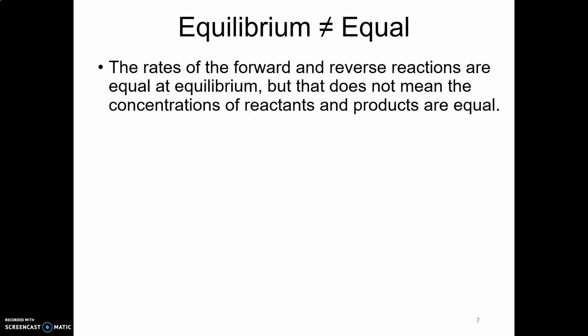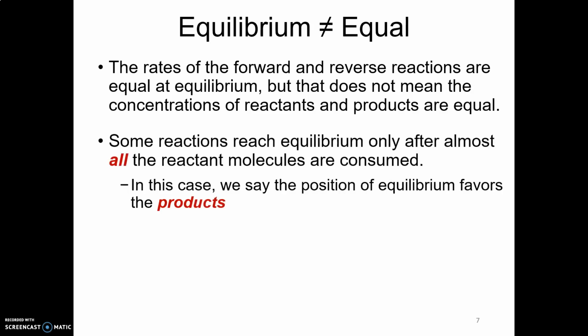Okay? So be very careful. Don't assume that equilibrium means everything is equal. What's equal in an equilibrium are the rates. The concentrations between the reactants and products don't have to be equal. In fact, it is incredibly rare for them to be equal.